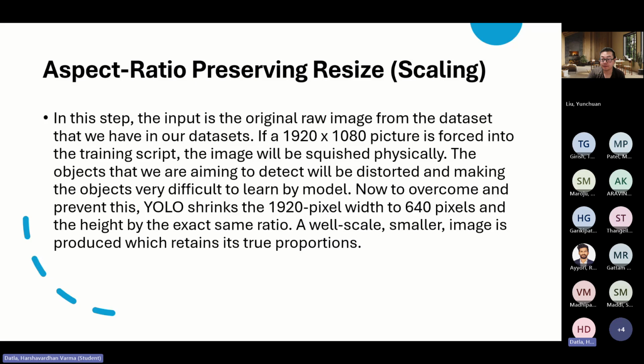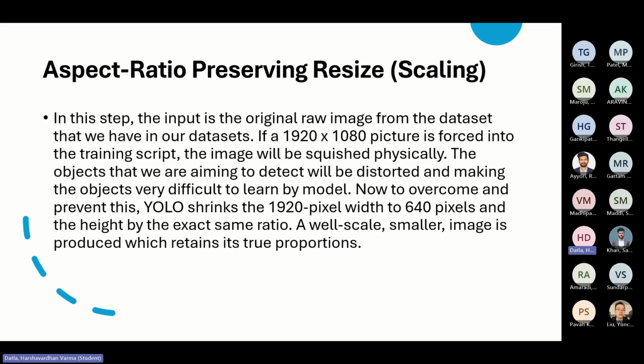So the first step starts with aspect ratio preserving and resizing, which is scaling the image. Initially the data set comprises images that go from 1920 by 1080 pixels all the way up to 3060 by 1080 pixels.